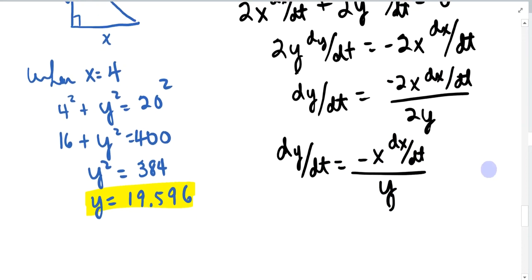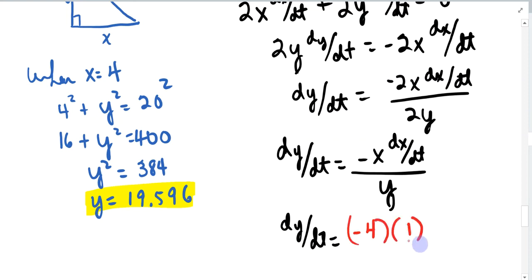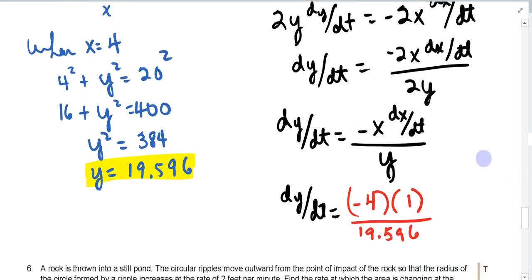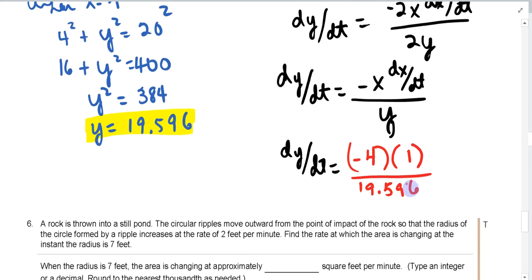And now we're ready to plug in. So we've got dy/dt is equal to negative 4, because when x is 4, and then dx/dt was 1, over 19.596.